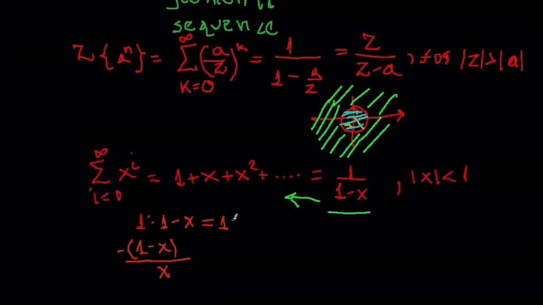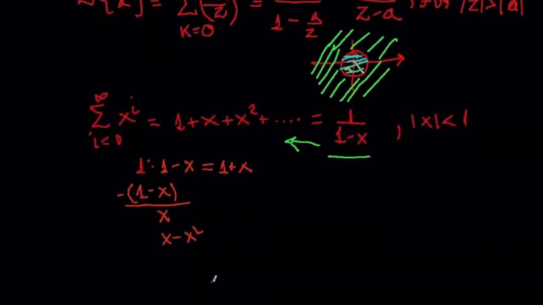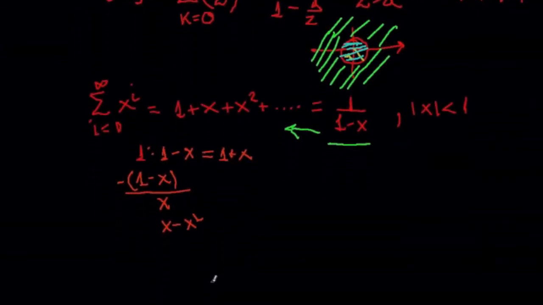Now I'm saying x times 1 minus x is x minus x squared. And by doing that, we slowly build the sequence. Minus, this is going to be plus, so it's plus x squared.